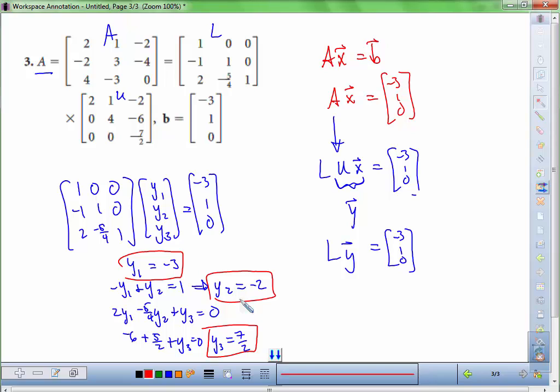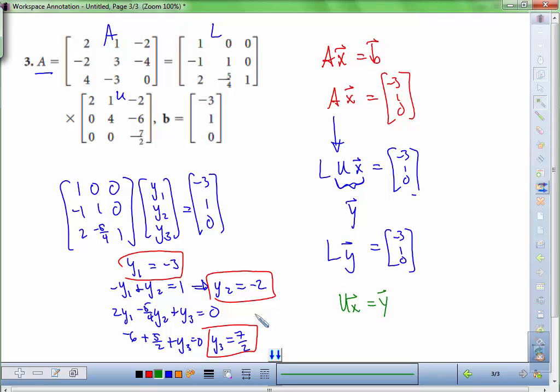Right? So those are the y values, and then to get the x values, you have to say, well, Ux, you let Ux equal to y, which you just found.